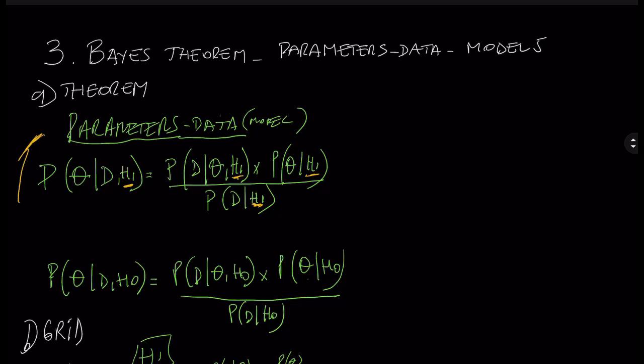It doesn't need to be the model of a hypothesis. It can be a different type of model. But in this case, we're going to use it as the model of the alternative hypothesis because we want to use this in order to compare it to a model of the null hypothesis.